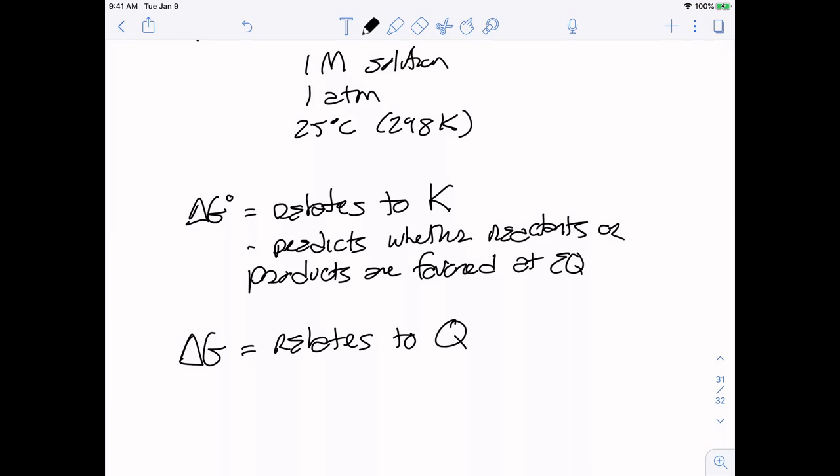It could be any old concentration. So this relates to Q instead of K, and it predicts spontaneity. We can use delta G naught to predict spontaneity too, it's just that often it tells us which direction we're going to get to equilibrium. Remember, equilibrium is our goal here.